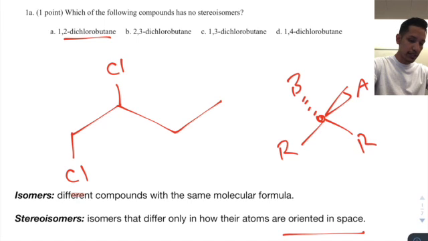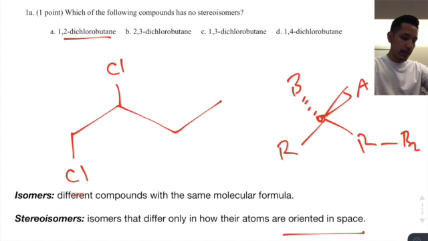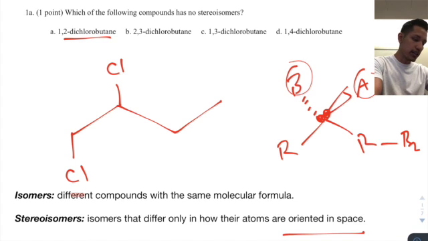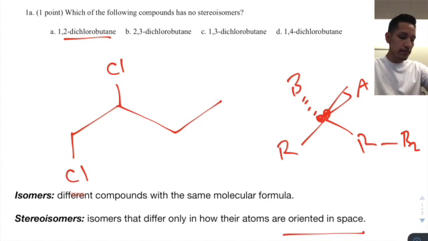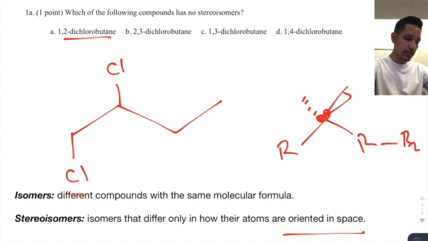So here would be an example. Let's say we had a carbon here, and then it would have two different R groups, and then an A element and a B element. Now, that would be one of its orientations, where you can create a second orientation simply by switching those around.